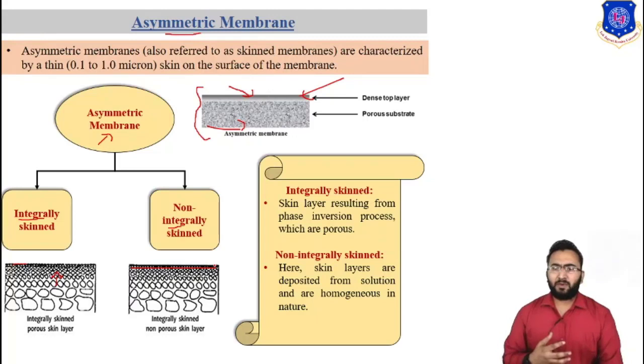In integral skin membrane, the skin layer results from a phase inversion process and is porous, whereas in non-integral membrane, the skin layer is deposited from solution and is homogeneous in nature. So this is all about the asymmetric membrane.